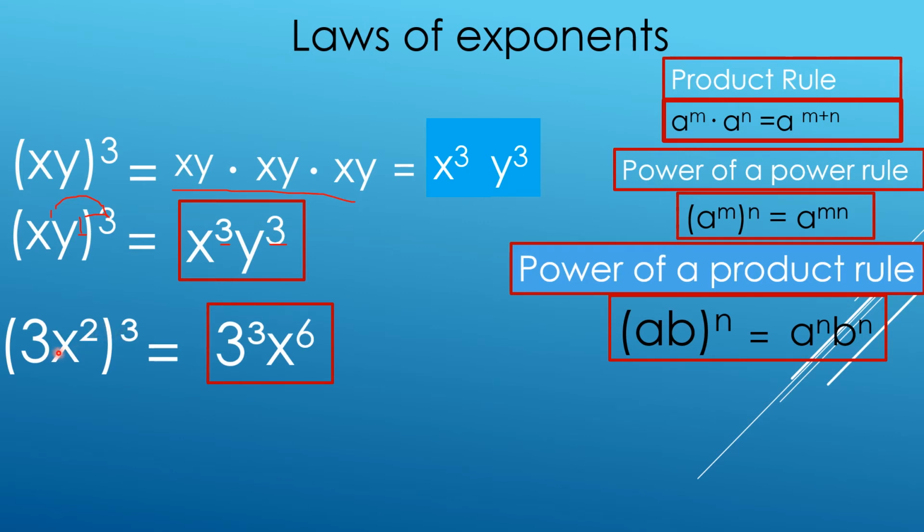For x, just copy the base x and multiply 2 times 3, that is equal to 6. So I have now 3 raised to the third power times x to the sixth power. If I want to simplify 3 raised to the third power, 3 times 3 is 9, times 3 is 27. So 27 x to the sixth power. That is the final answer if you want to simplify.